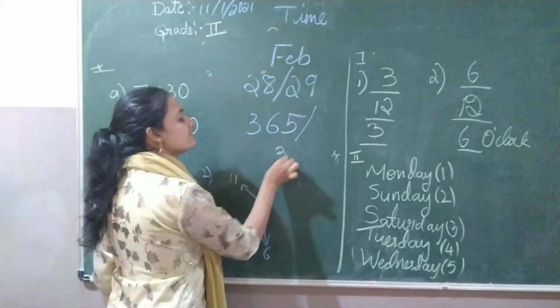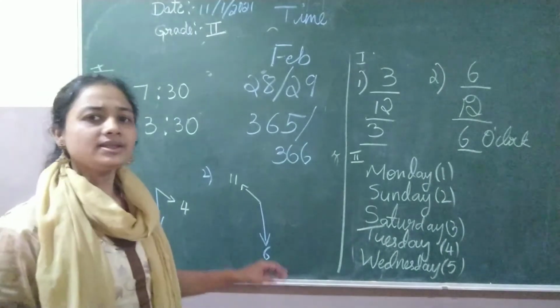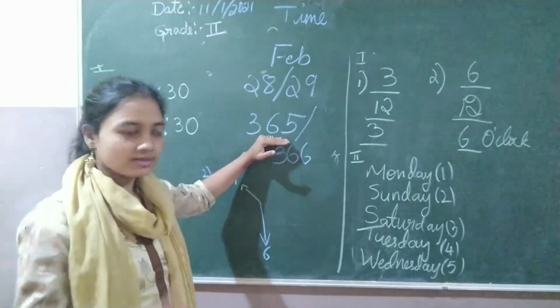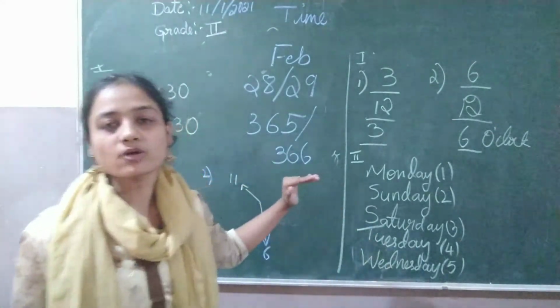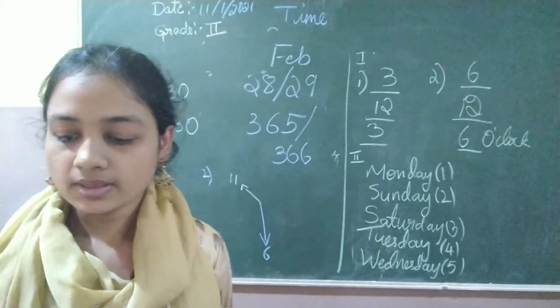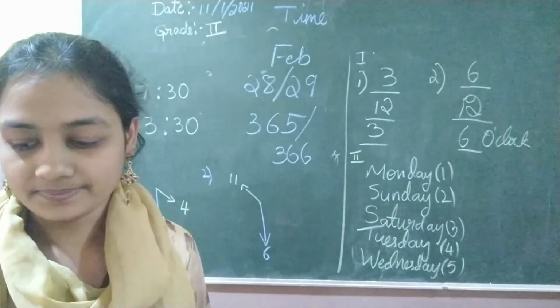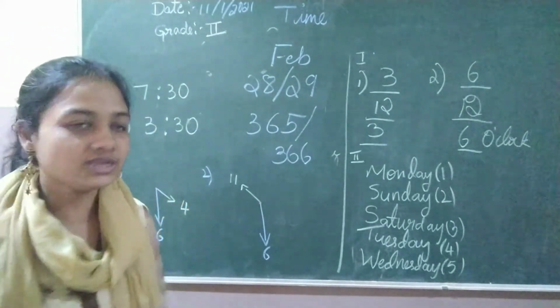Or you have 366 days. Every time you will have 365 days. Once in 4 years you will have 366 days. So this is the number of days in 1 year. So if you are clear with this, we'll go for the exercise, children. I want all of you to open your textbook, page number 118.